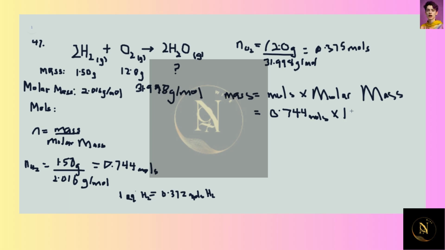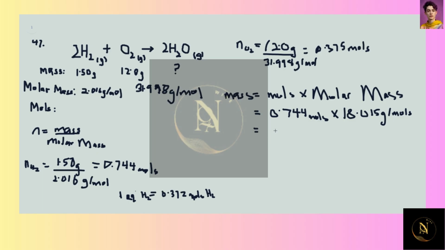The molar mass of water is 18.015 grams per mole. You should check this and do the math: molar mass of oxygen plus 2 times the molar mass of hydrogen.